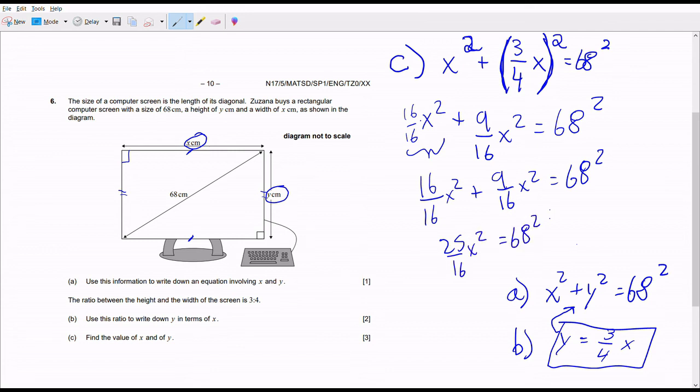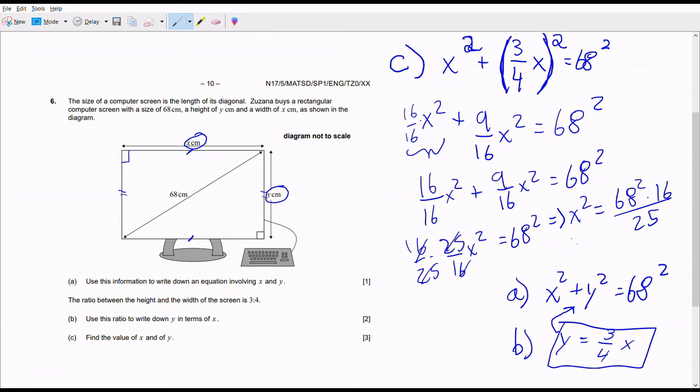Okay, and this whole thing I'm going to multiply by 16 on both sides and divide by 25. That way here it cancels out on the left. On the right, I'm going to end up with 68 squared times 16 divided by 25. Okay.